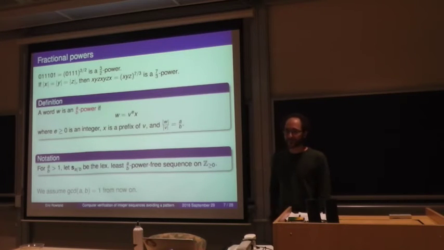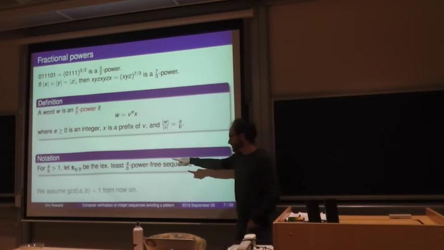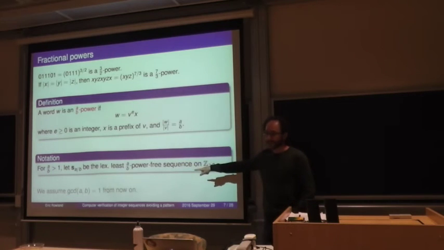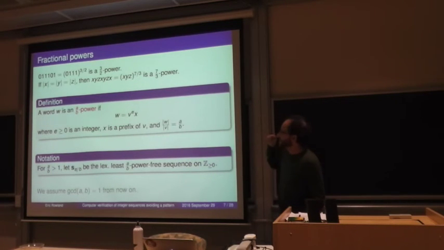Does being a over b power-free preclude having a higher power or some other fraction? No. I just mean this avoids a over b powers. So just because you avoid a over b powers doesn't mean you avoid powers that are greater than that. Yeah. Thanks.